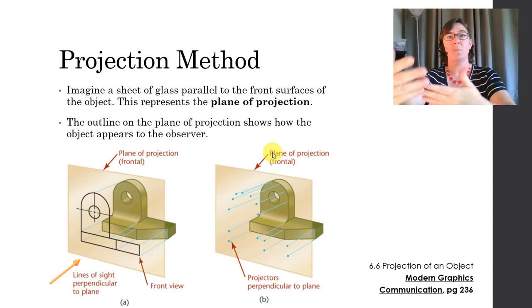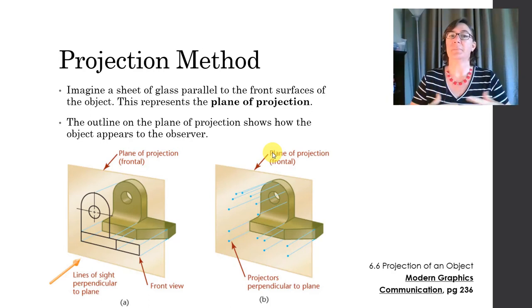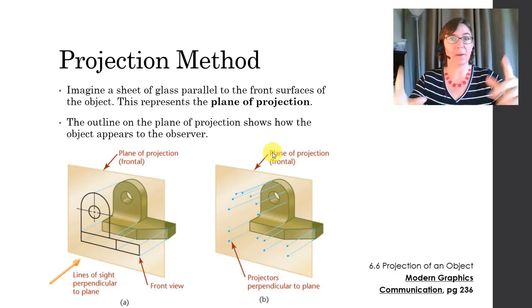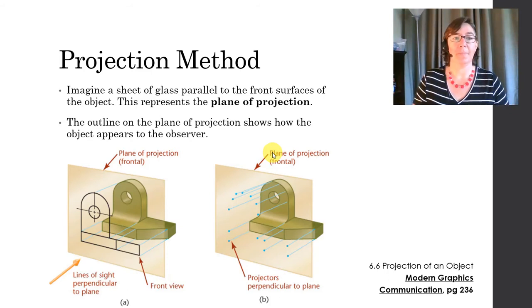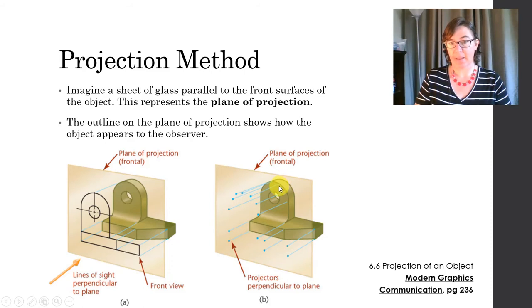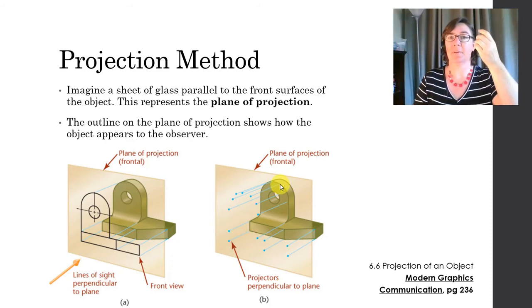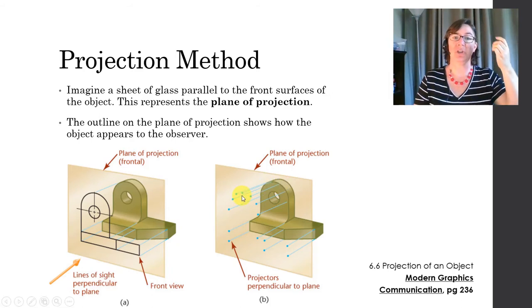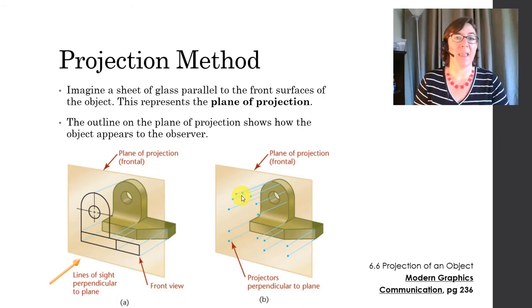And then the outline of that object on the plane of projection shows how that object will appear to you, the viewer. So to draw this drawing, we will take in our mind, again mentally, different points from that object and project them out to that sheet of glass or plane of projection.